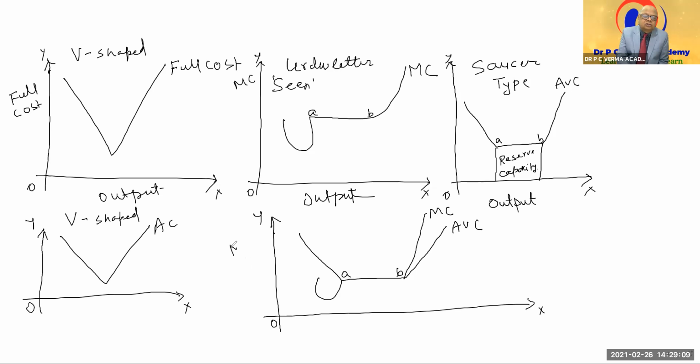When marginal cost and average variable cost are drawn on the same diagram, then A and B coincide. And we have marginal cost equal to average variable cost.